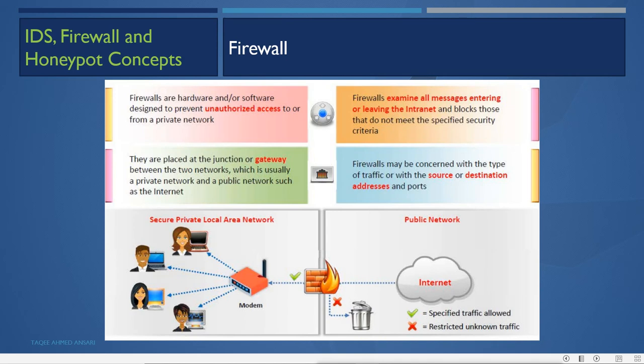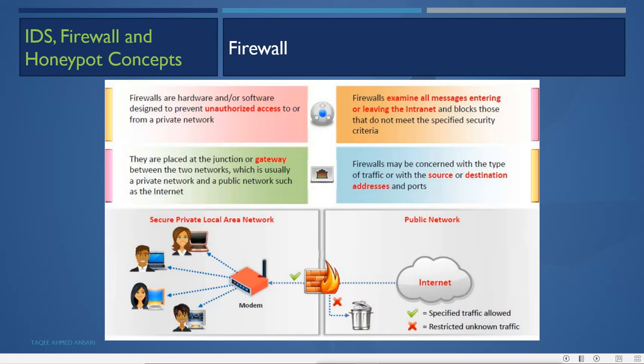A firewall examines all messages entering or leaving the intranet and blocks those that do not meet the specified security criteria. On firewalls we create the specified criteria for what is allowed and what is not allowed.